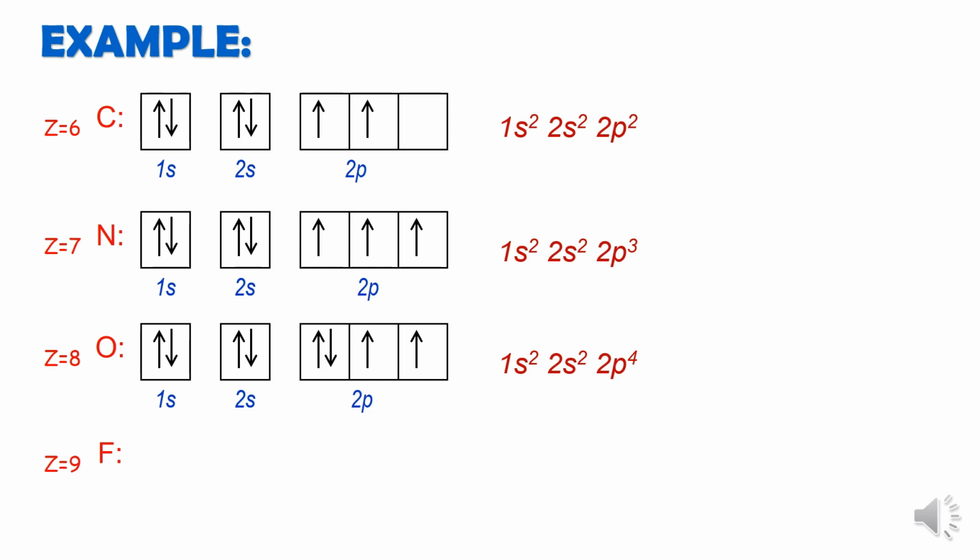The 8th electron is paired up with the electron of the opposing spin in the 2px orbital. For fluorine, proton number equals to 9. So the SPDF notation is 1s2, 2s2, 2p5.